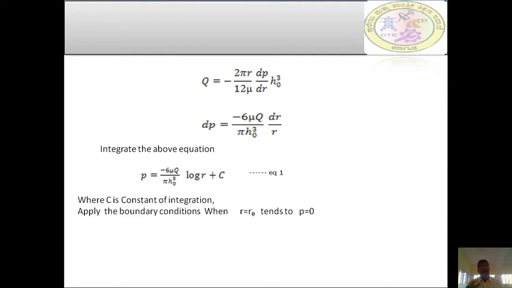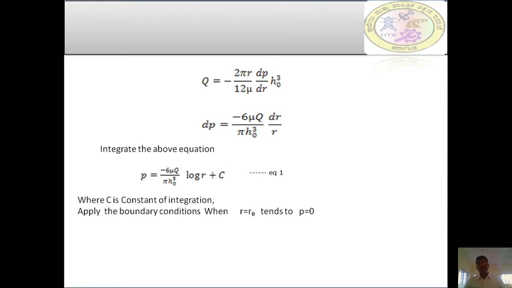Integrating dr by r gives ln r plus c, where c is the constant of integration. Now apply the boundary condition: when r equals R naught, p equals 0. The pressure across the recess area is equal to 0.